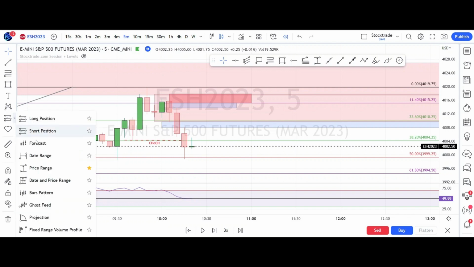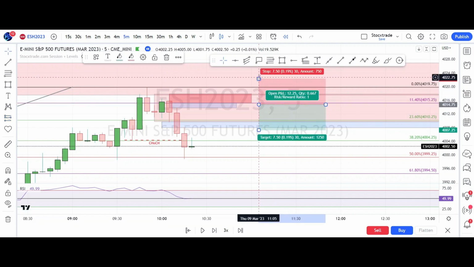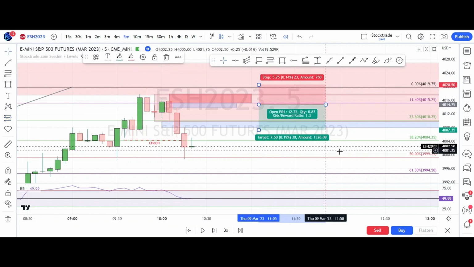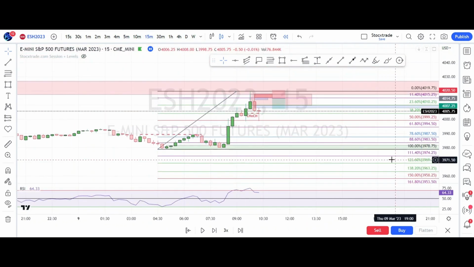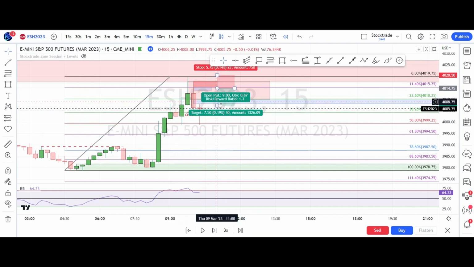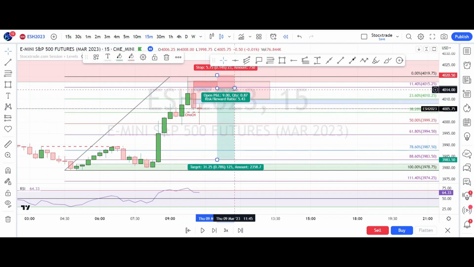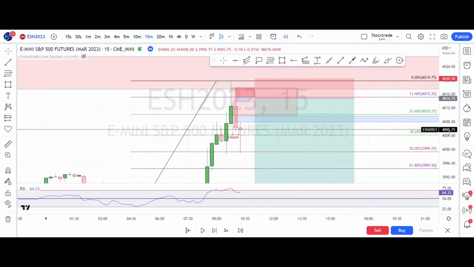If I will sell from here, a short position a little below the selling zone, my stop loss will be above it, and my target will be in the higher time frame, this order block at least. So, or 88.6%, that's my favorite area. So you will get 31 points, and your risk to reward is 1:5 ratio.